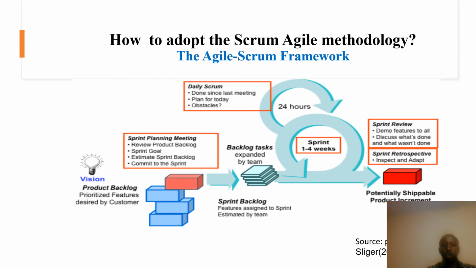How to adopt the Scrum Agile methodology. The project begins with a clear vision provided by the business and a set of products in order of importance. Those products are part of the backlog, which is maintained by the customer or customer representative, referred to as the product owner.